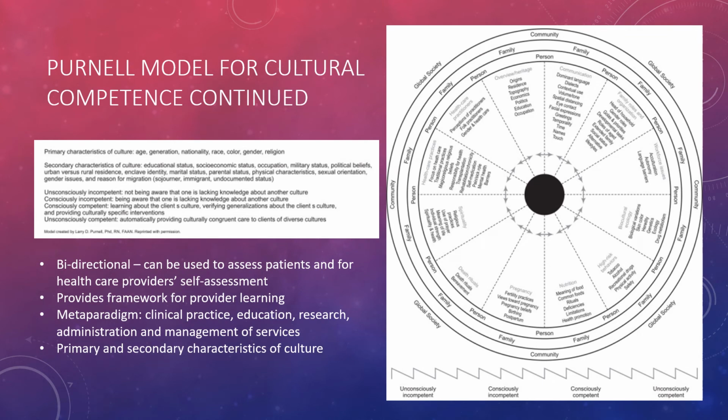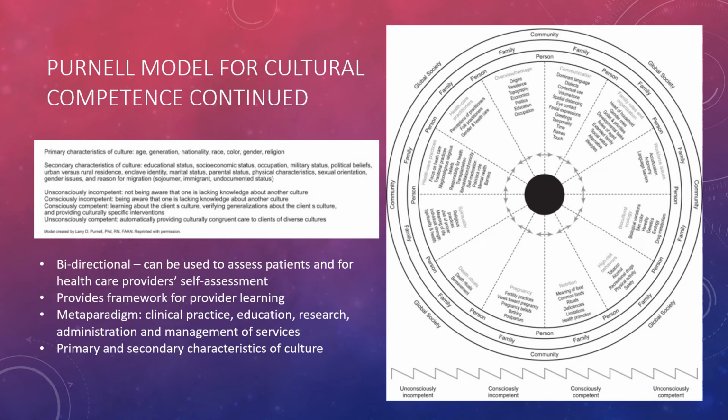So his model for cultural competence is depicted in the diagram to the right. It's important that you not stereotype, and that you move towards understanding people as individuals, but in order to do that, you need to become familiar with different cultures, different ways of being, different practices.